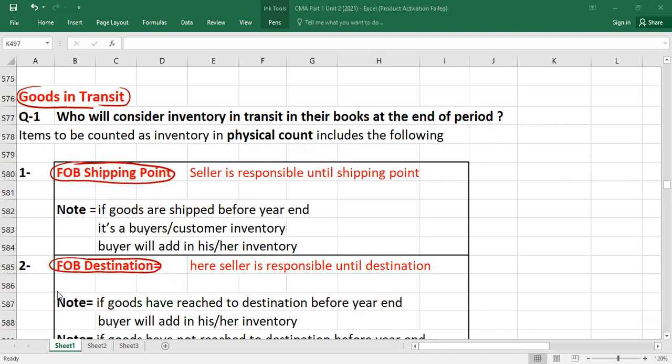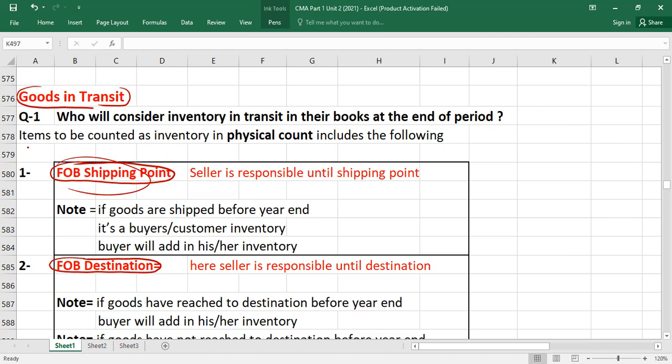Now risk and rewards are transferred at two different places. Under FOB shipping point, risk and rewards of the inventory will be transferred to the customer once the supplier hands over the goods to the shipping company, not to the customer.